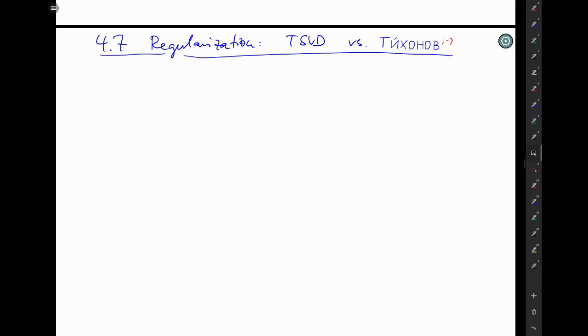Well, one of the main reasons is it doesn't need singular values. Computing the singular value decomposition of your operator is costly, it's numerically expensive, and you don't have to do that for Tichonov. All you need is the adjoint operator and an inverse and some multiplications.